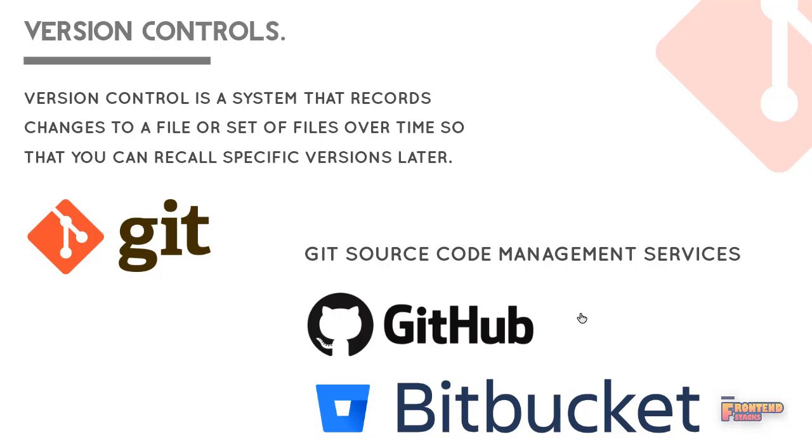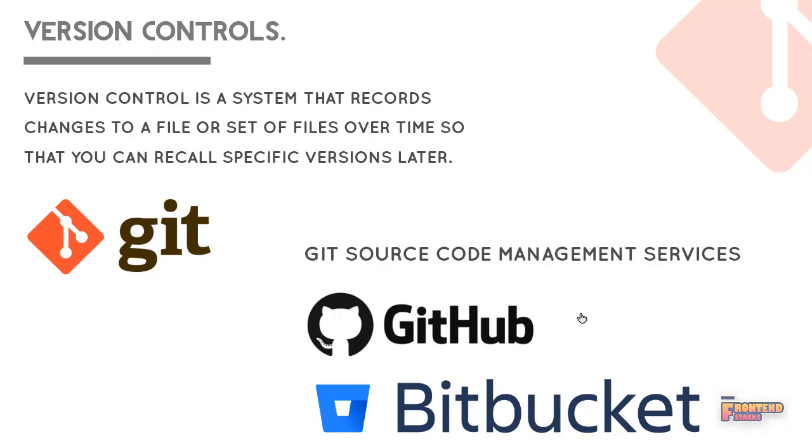And so version control comes in to help with these things and helps developers to handle projects from anywhere, remotely or locally. So version control is a system that records changes to a file or set of files over time so that you can recall specific versions later.